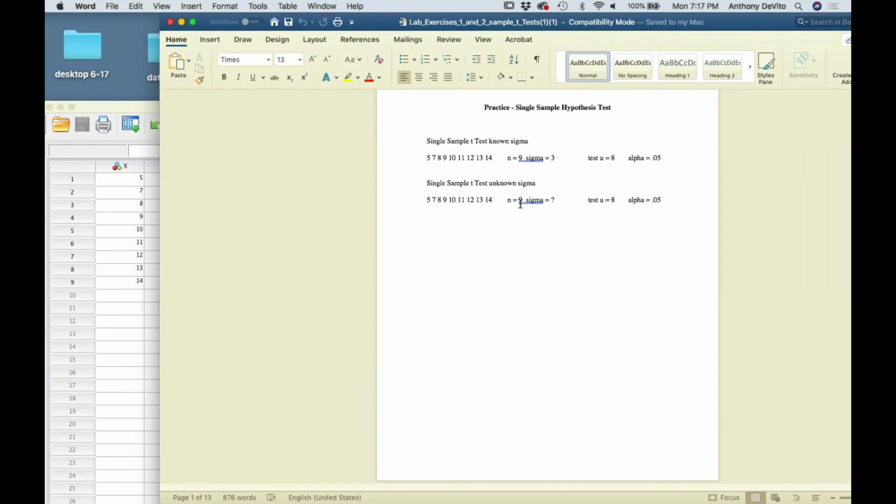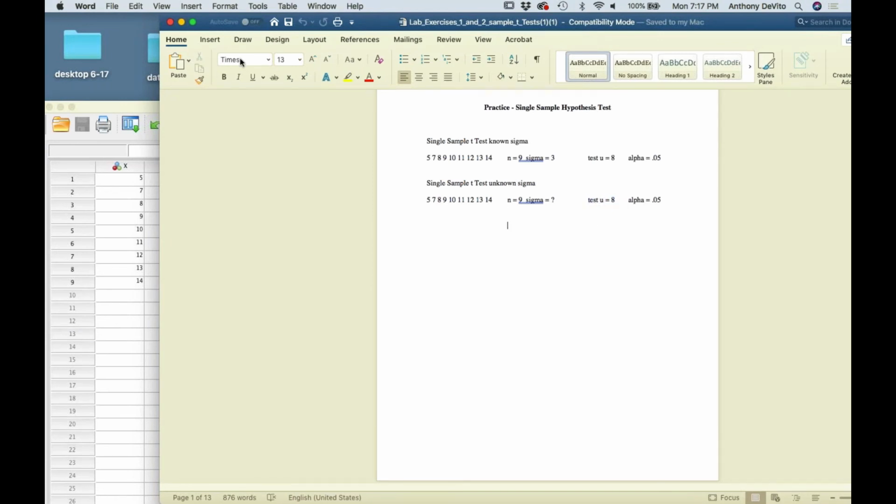We take a sample of size 9, these 9 numbers, from a population. Here's our first population, A, size 9. We can calculate a standard deviation and a mean for this sample, right? So I want to compare it to a population that has a known mean of 8.